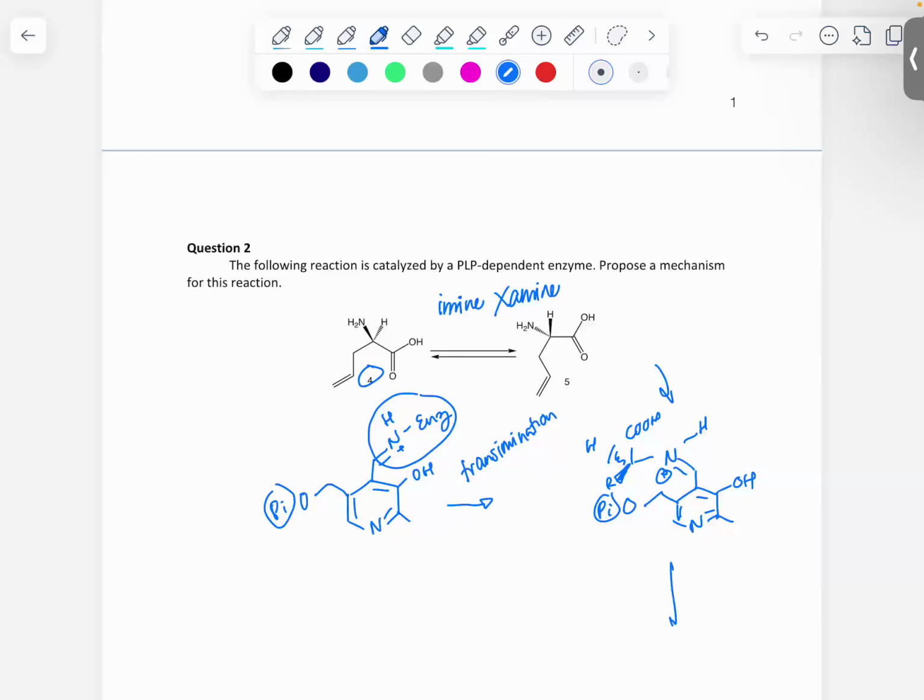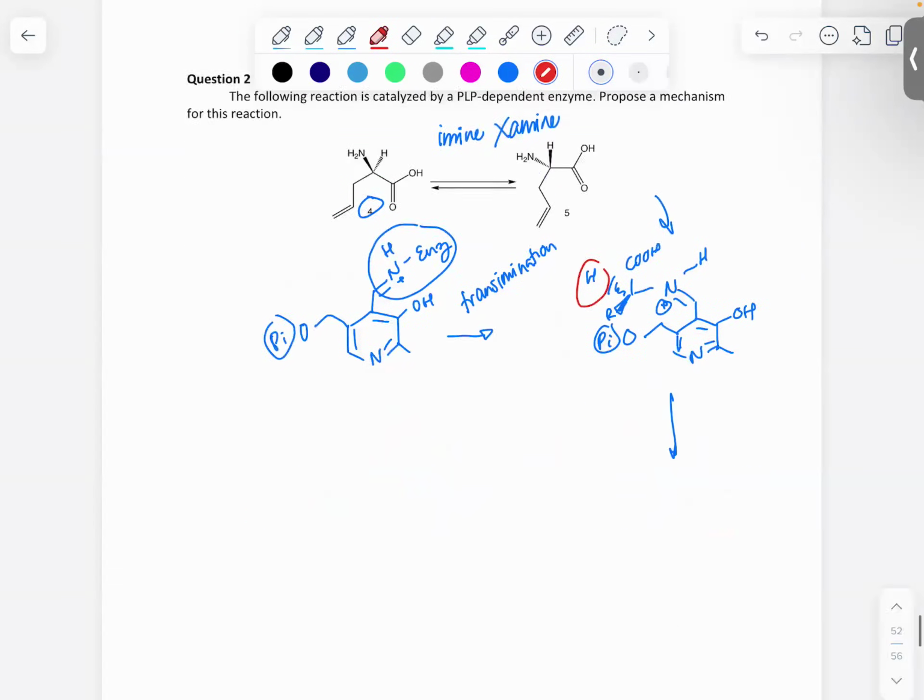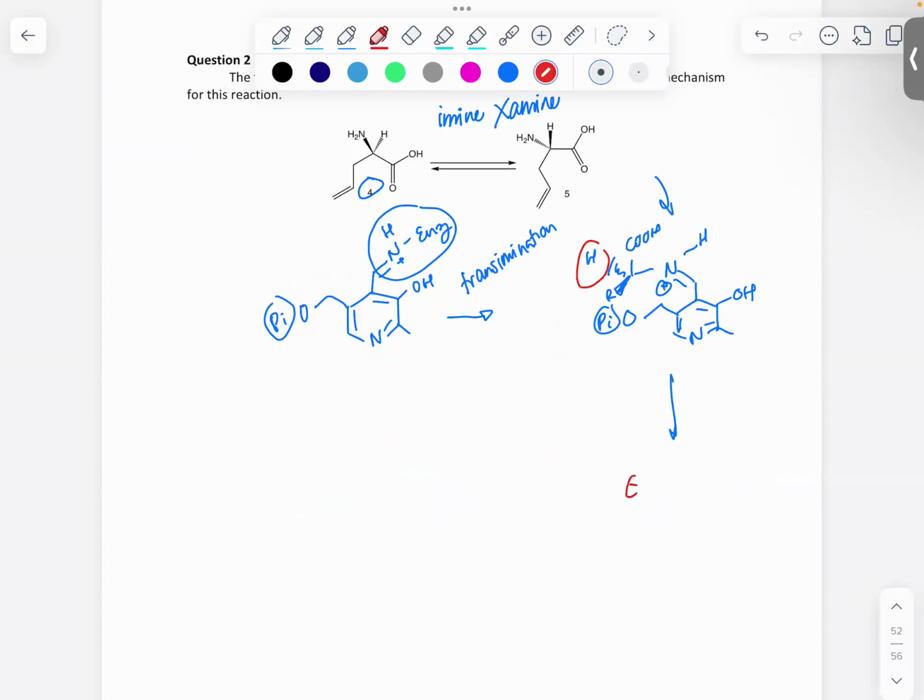So we will lose this proton. I shouldn't have started with the charge there. And because we now no longer have our 4 unique substituents, we lose chirality here.